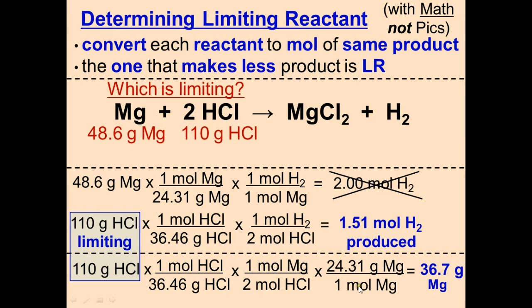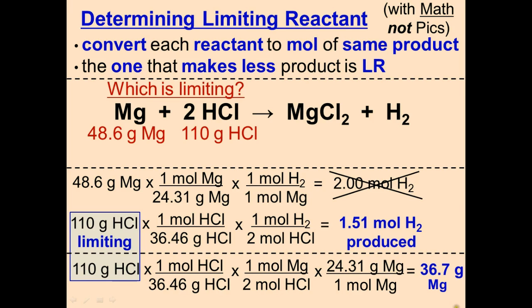Moles of magnesium goes on the bottom, and so they cancel out, and it's 1 mole because molar mass. And then 24.31 grams of magnesium is calculated from the periodic table. And then after you multiply all the numerators and divide by the product of the denominators, we get that it's 36.7 grams of magnesium.